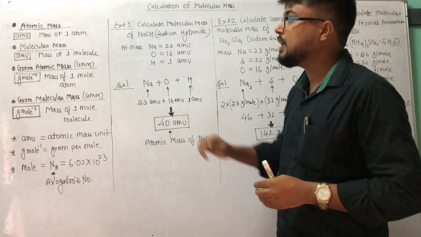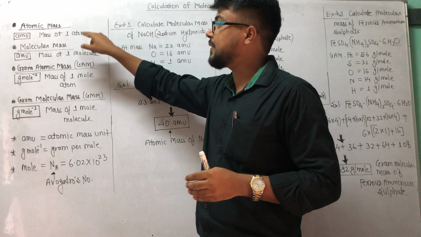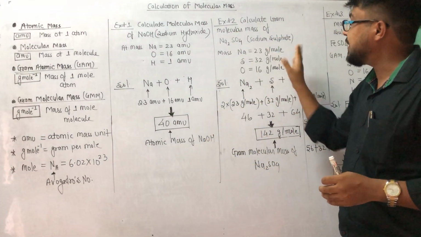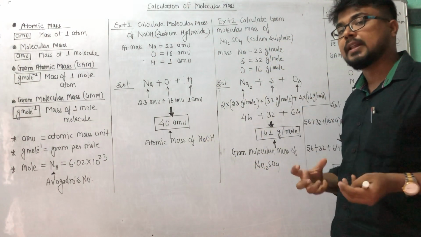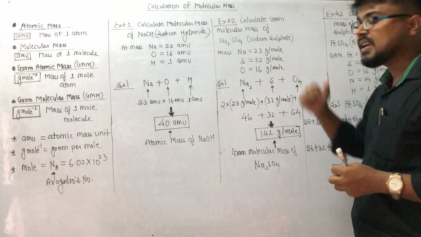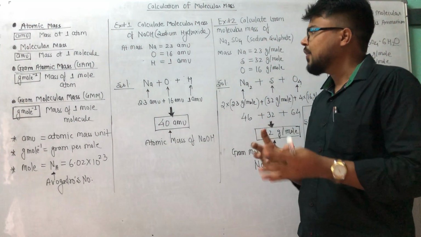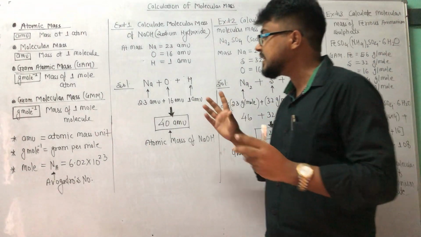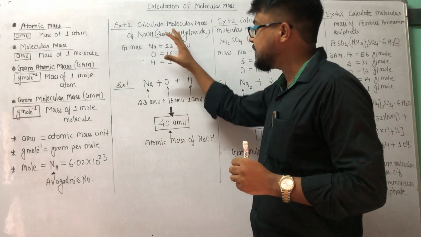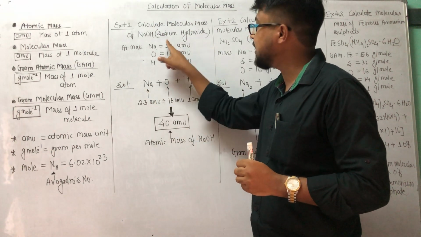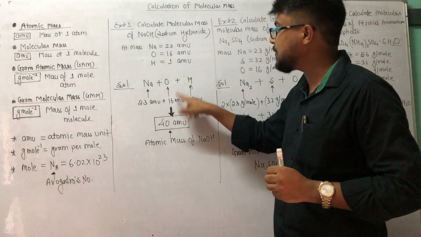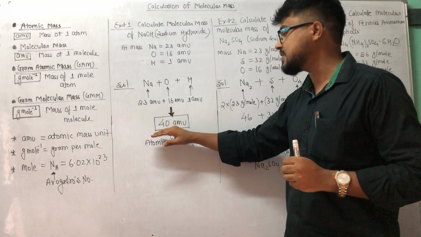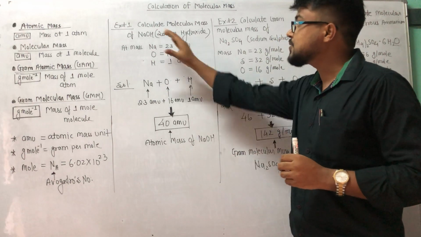If amu is given, then it is atomic mass, and we calculate molecular mass. If gram per mole is given, as in example 2, then we calculate gram molecular mass using gram atomic mass. It doesn't matter what he is asking, we will use one trick. So for NaOH we sum Na 23, oxygen 16 and hydrogen 1. Collectively the answer will be 40 amu for sodium hydroxide.